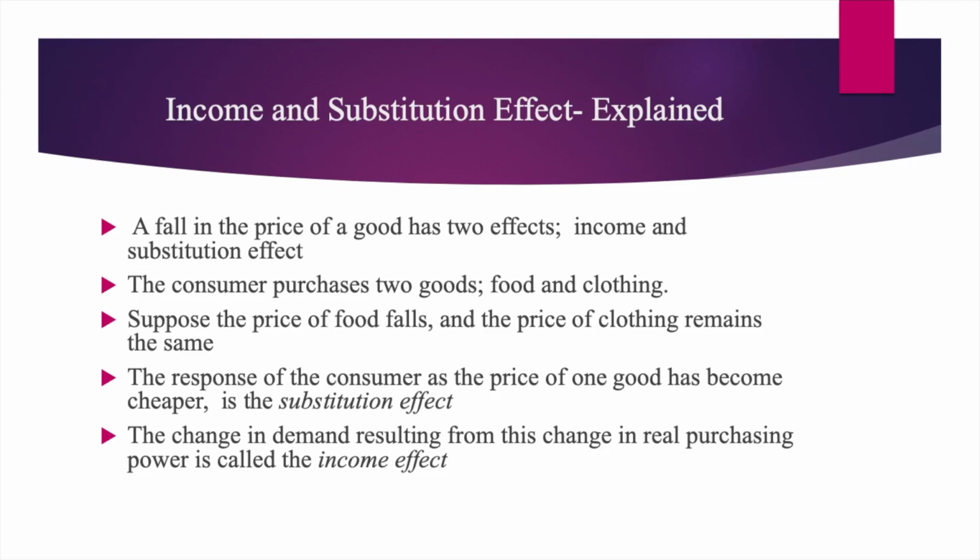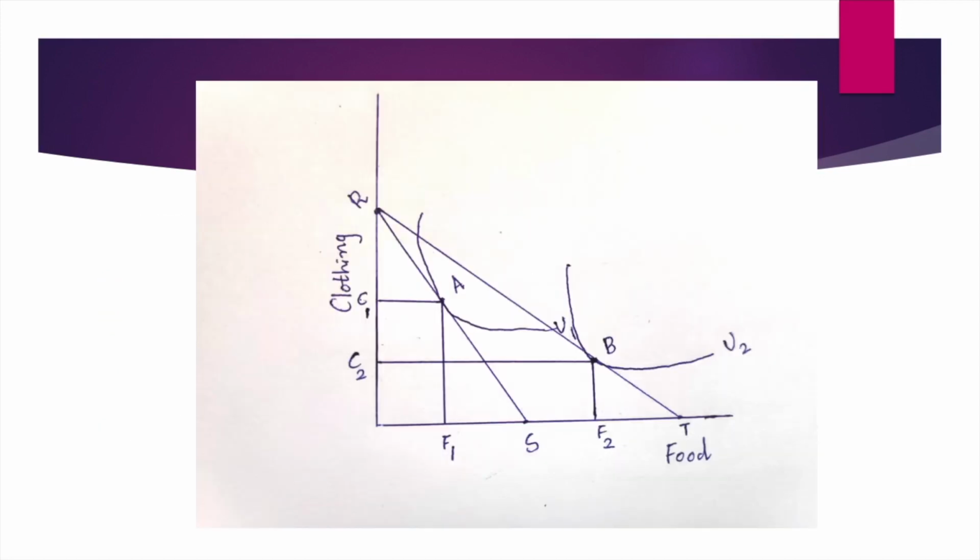I'll explain this further on the basis of a diagram. First of all, keep in mind that a decrease in the price of food has both an income and substitution effect. In the figure, the consumer purchases two goods, food and clothing, and the consumer's initial budget line is RS.